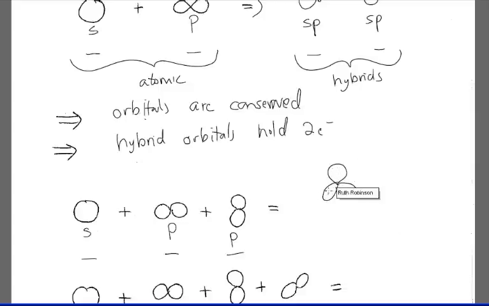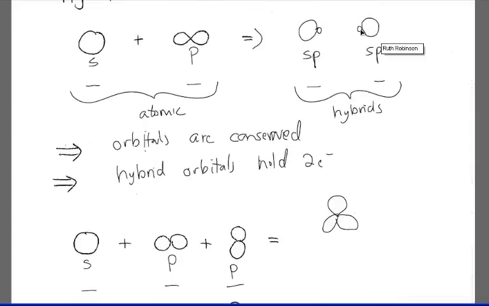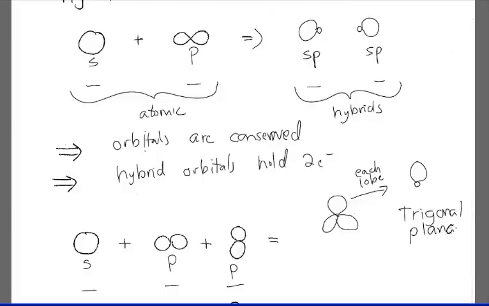Okay, now each of these is a separate orbital, so I'm no longer going to show the tiny little part of the orbital, only the big part, and that's what these are. So each of these is actually a big lobe with a little lobe. Okay, so each lobe looks like that. All right, and so this makes trigonal planar electron geometry.